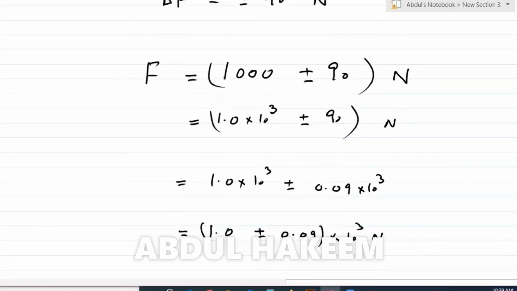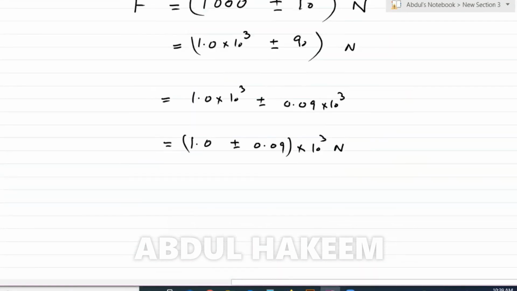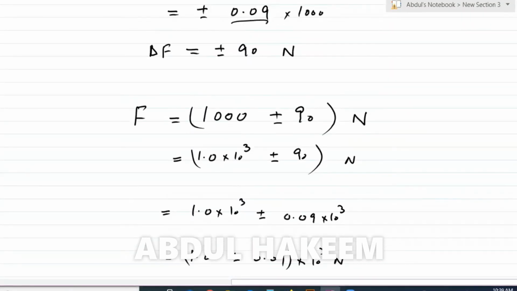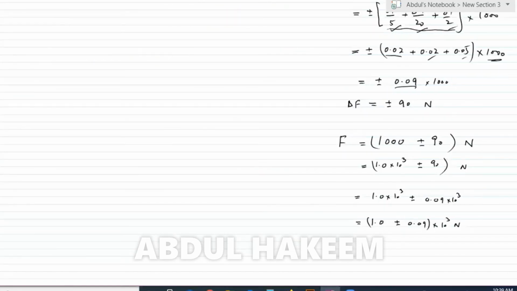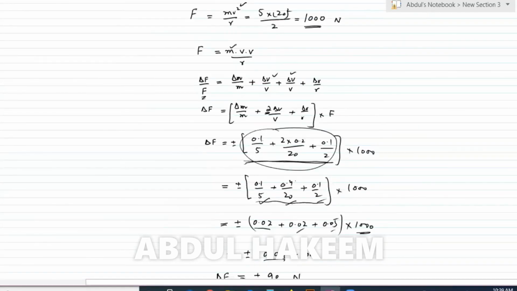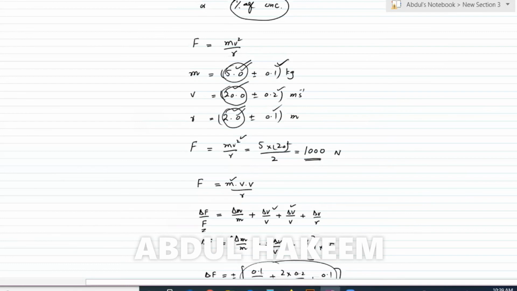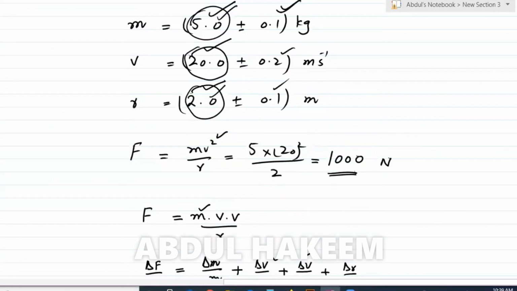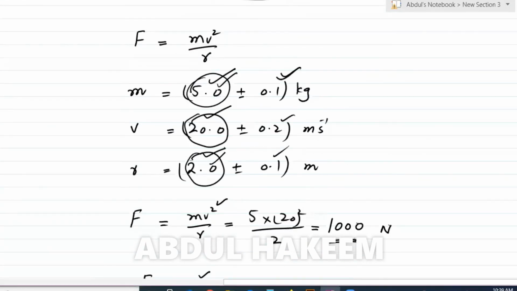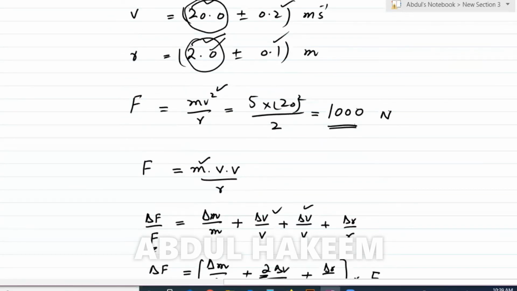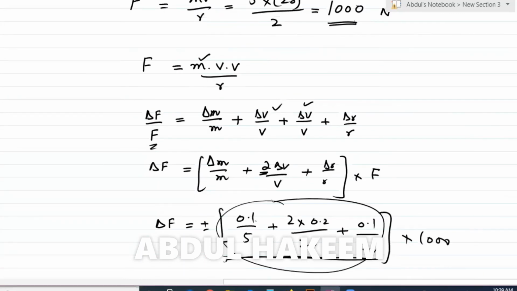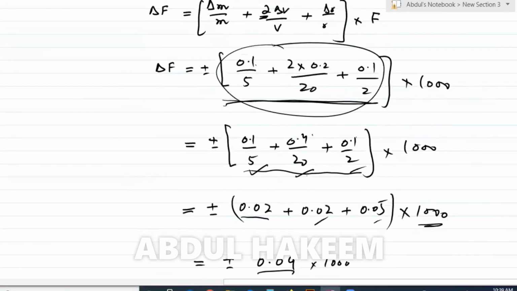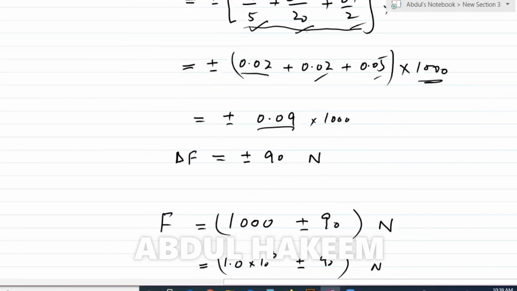This is the force which is calculated from the formula F is equal to mv square over r. Look at this. Formula given, mass, velocity, and radius given, force is calculated from the formula, then fractional uncertainties are added, and finally this is the answer, but we have to write in justified significant figures.